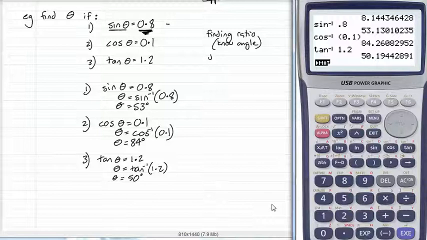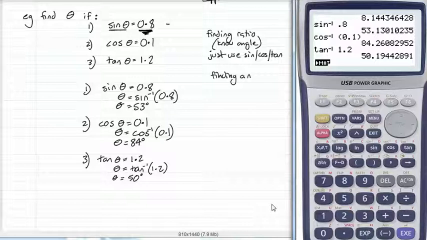If you're finding an angle because you know the ratio, use inverse sine, cos, or tan. And any question where you don't have to draw a triangle and you're just given these, they're quite simple. But you'll need to be able to do this when we do have a triangle, so it's best to learn how to use the calculator.